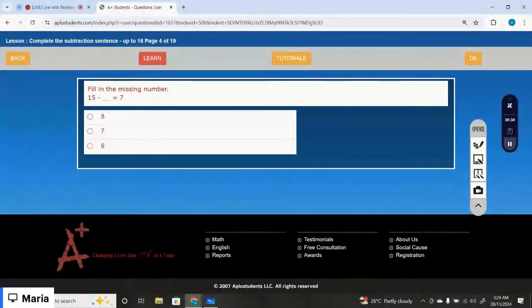That is 15 take away 8 equals 7. The missing number is 8.